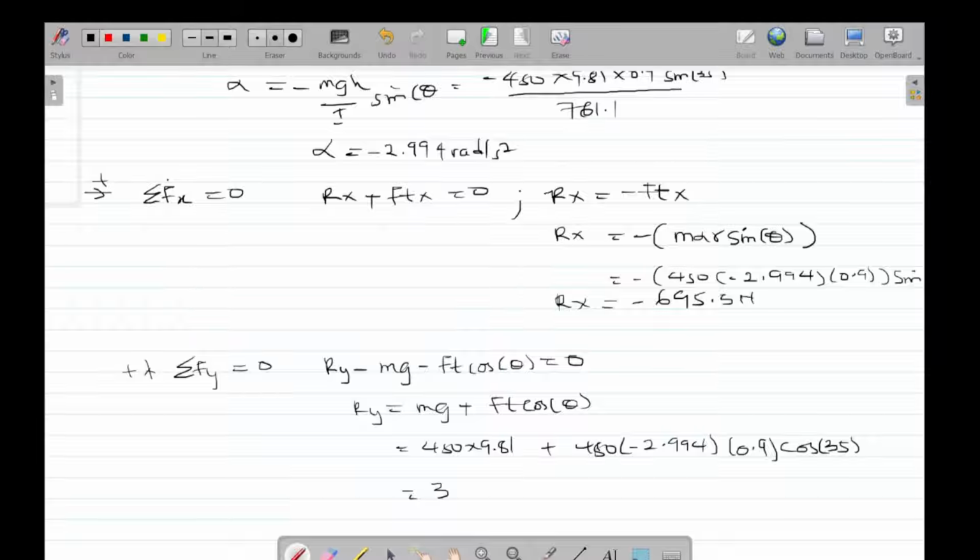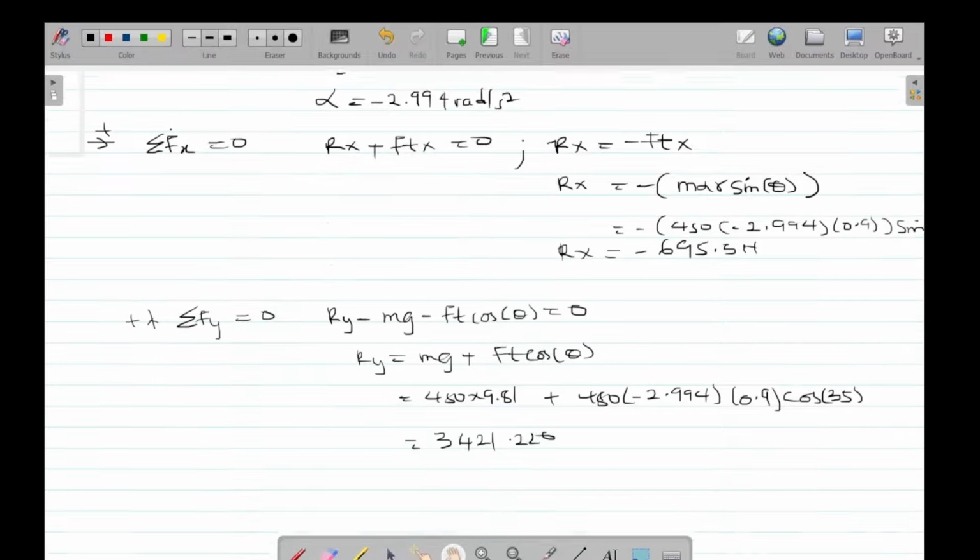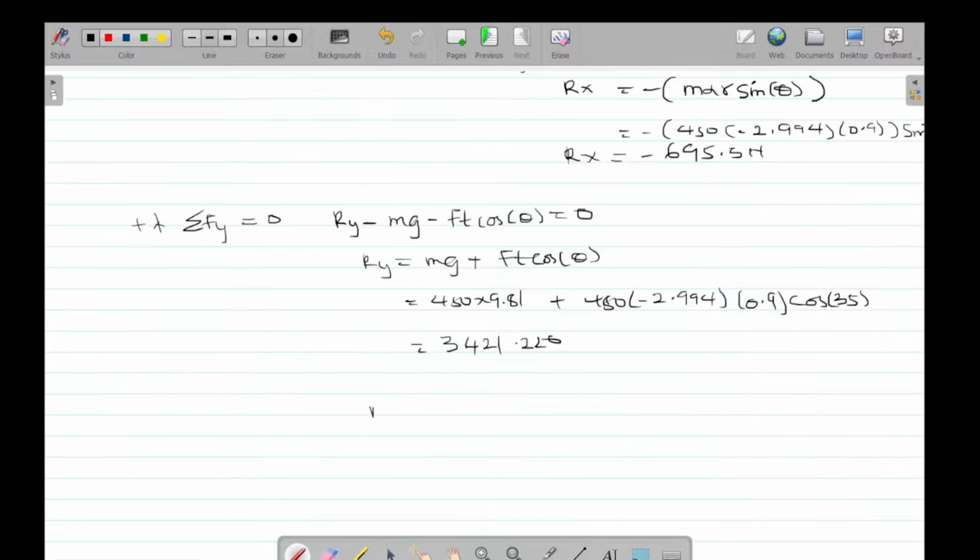So this gives us 3421.22. Okay, so Rx equals negative 695.5 Newton, and Ry equals 3421.22 Newton.